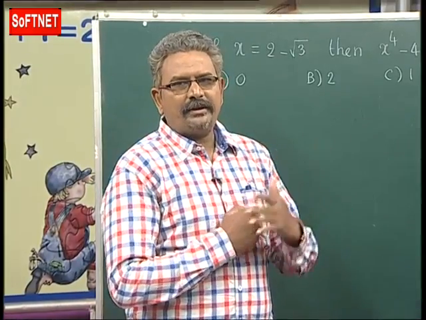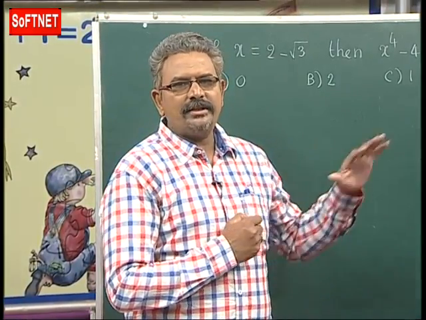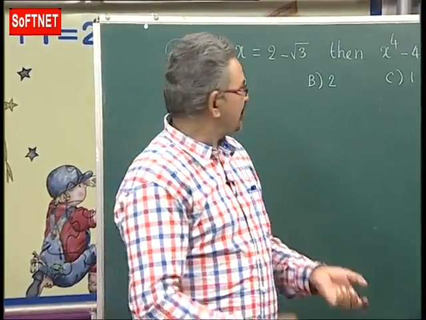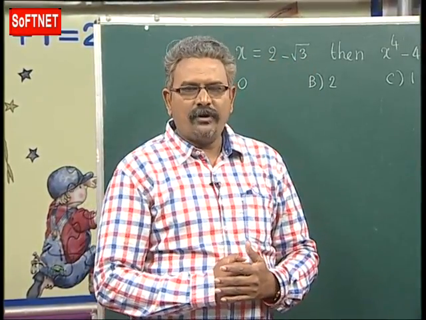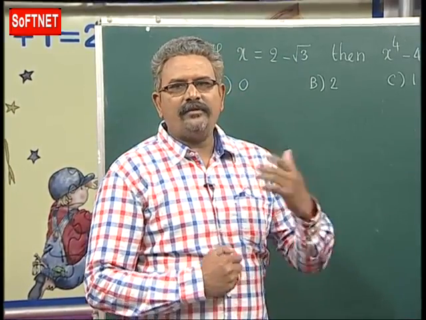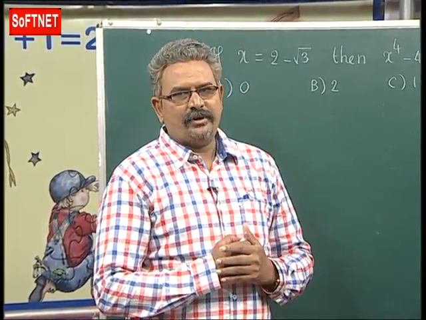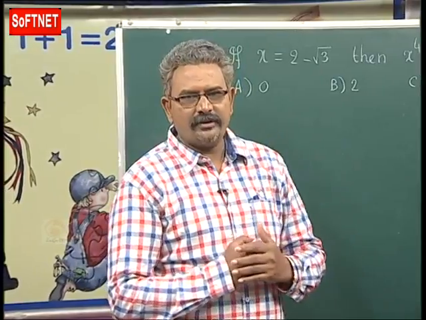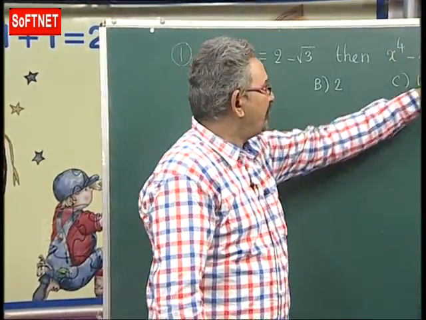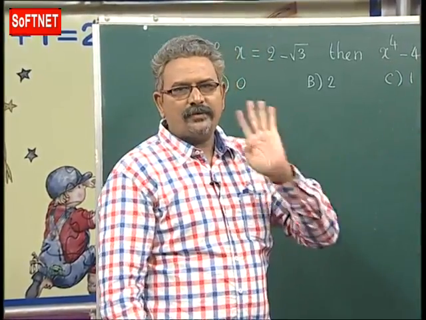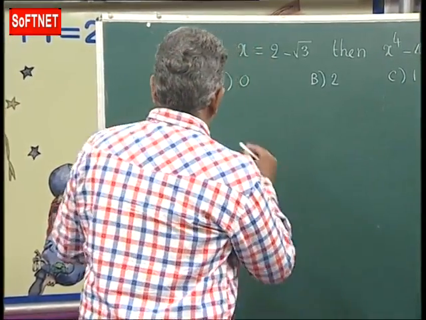So better we adopt the easy approach. With the help of x is equal to 2 minus root 3, we can form a quadratic equation in terms of x. After getting the quadratic equation, easily we can find out the value of the given polynomial whose degree is 4.